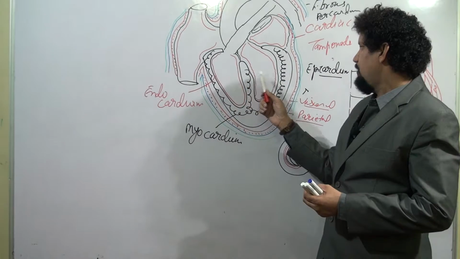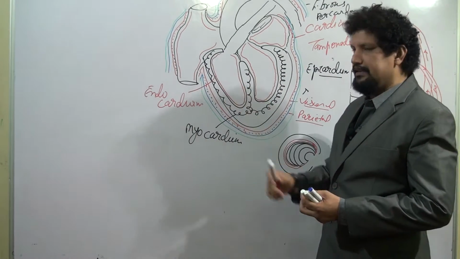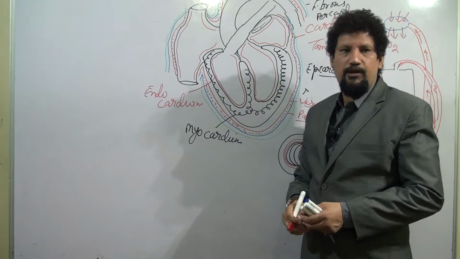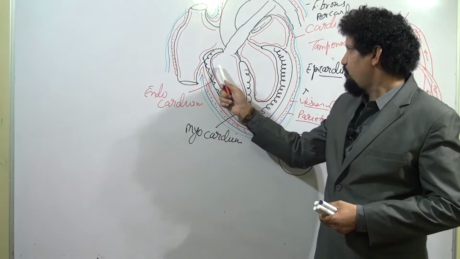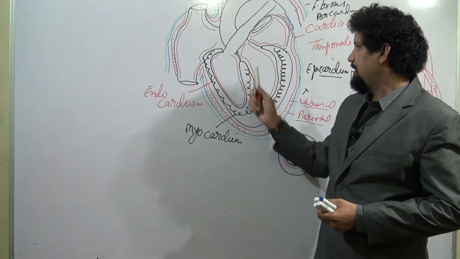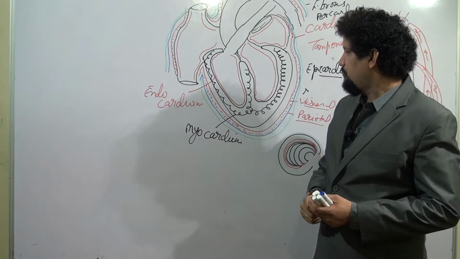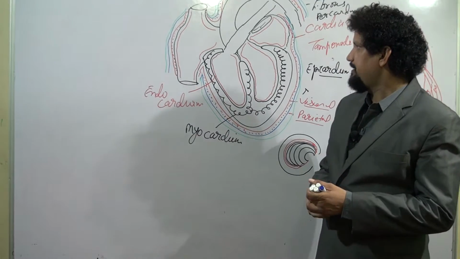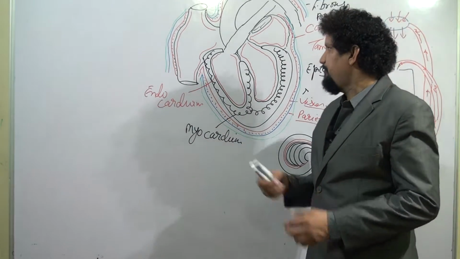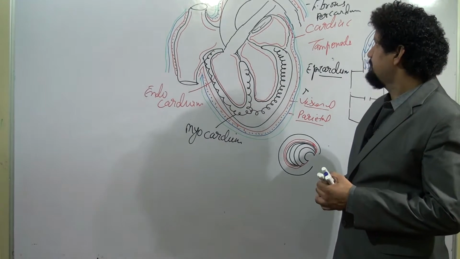The walls of all the chambers, especially the ventricles, are known as the myocardium, and the innermost endothelial layer is known as the endocardium with its subendothelial connective tissue. So the heart has three coverings outside and it has three coverings in its walls.